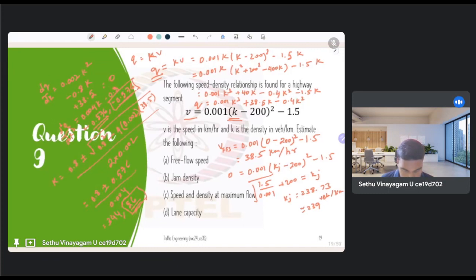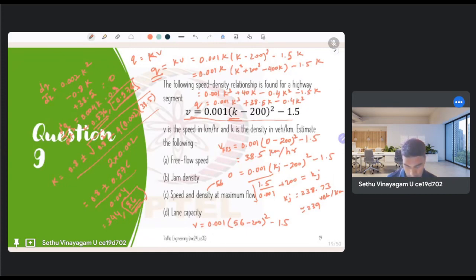So the density at maximum flow is 56. Okay, what is the speed corresponding to this? For that we can make use of this equation, right? So that speed would be 0.001 into 56 minus 200 squared minus 1.5.